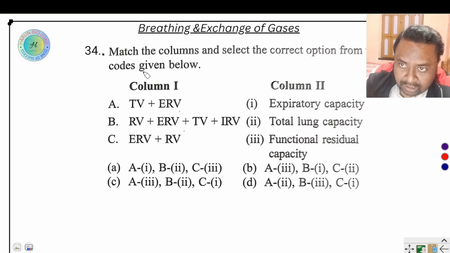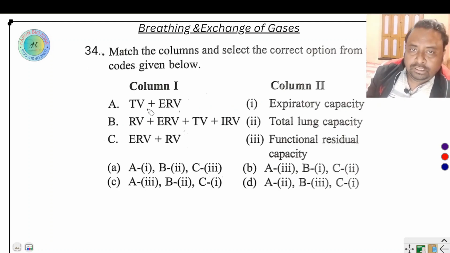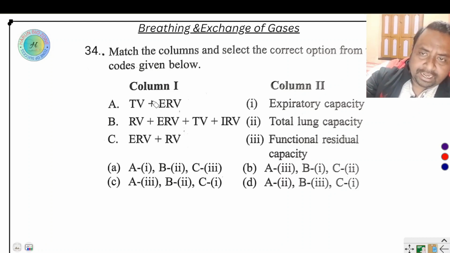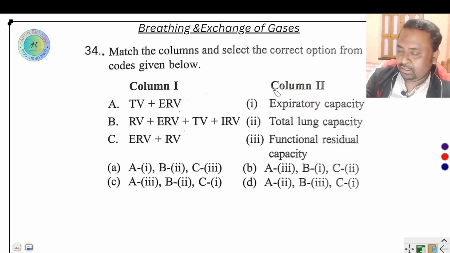Next question. Match the columns and select the correct option from the codes given below. TV and ERV. Tidal volume plus expiratory reserve volume is called expiratory capacity? False. Tidal volume and expiratory reserve volume is called expiratory reserve capacity?